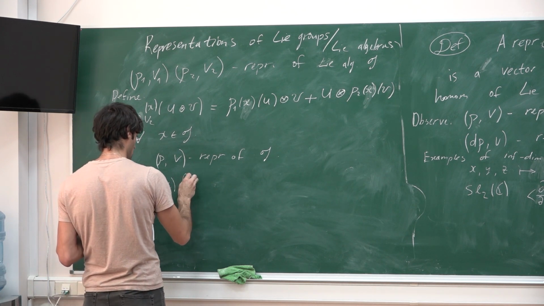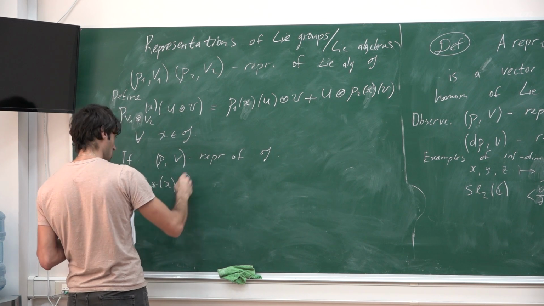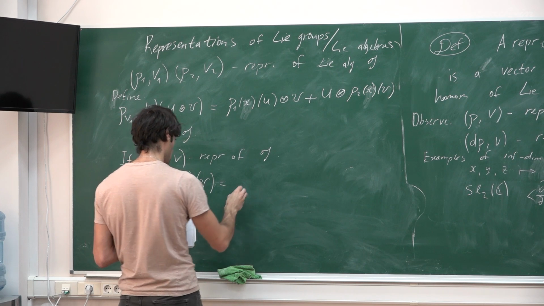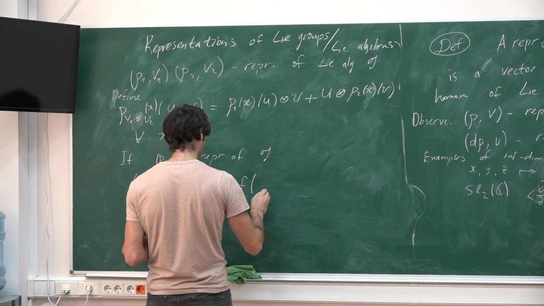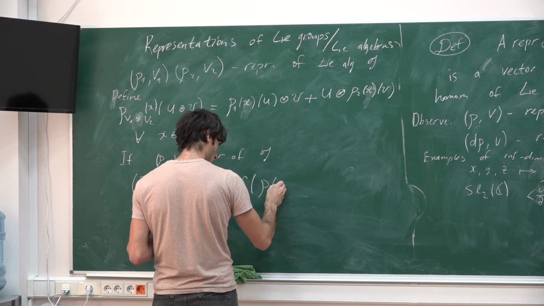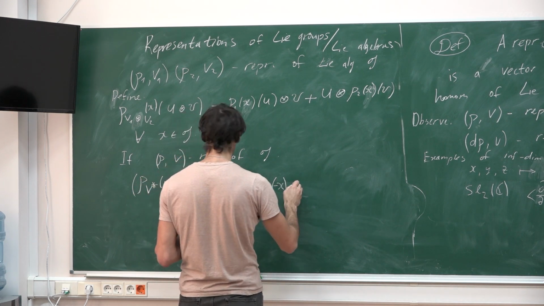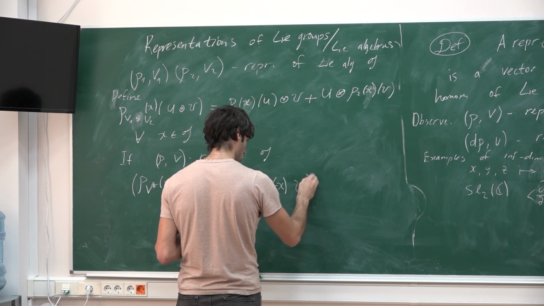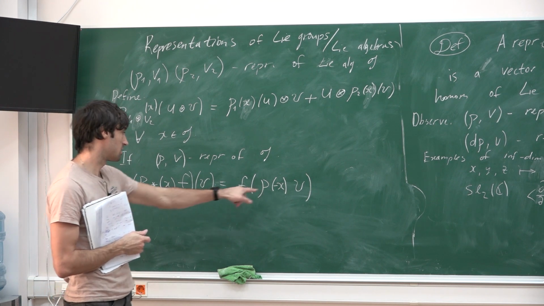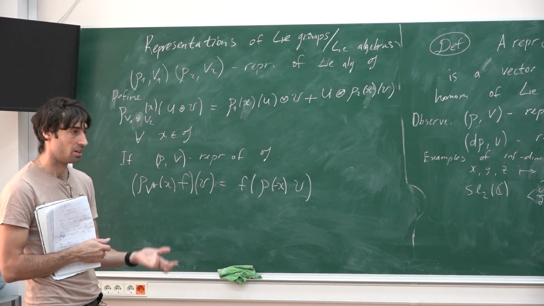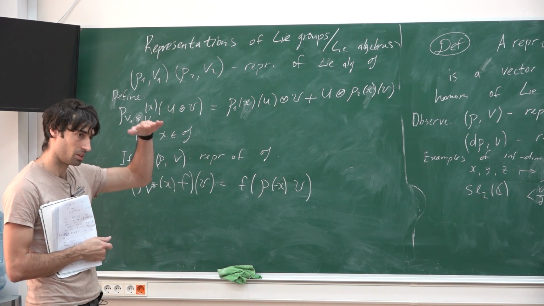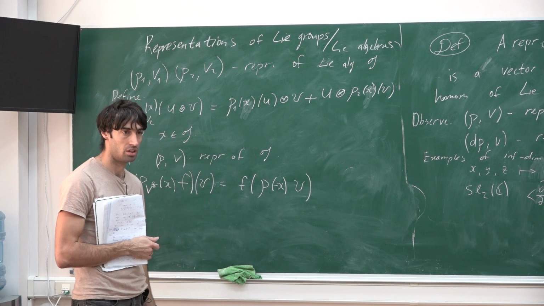It acts on f, gives me another functional that I compute on v, and this is just f of rho of minus x applied to v. So the antipode in the Lie algebra case is putting a minus. Of course, they are all related by the exponential map: if you take the inverse in the exponential, on the Lie algebra level you get minus.